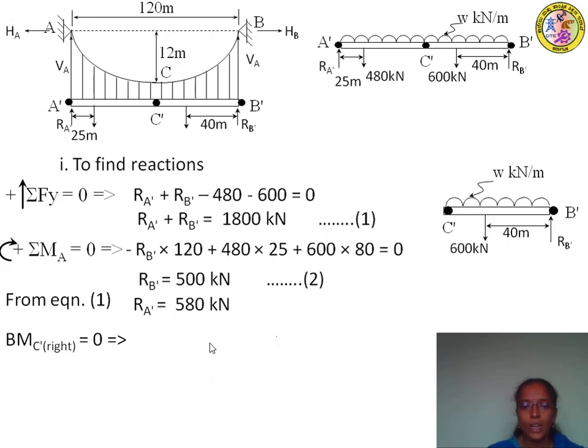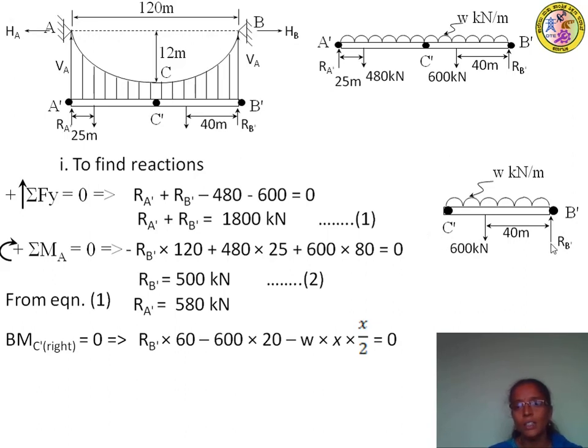Now if you write the equation for bending moment at C dash, RB dash is vertically upward, therefore positive, RB dash into 60 meter. Why is it 60? The third hinge will be exactly at the center, therefore 120 divided by 2 is 60 meter.